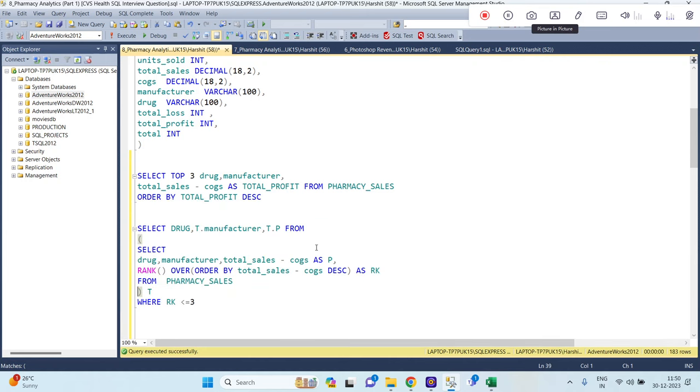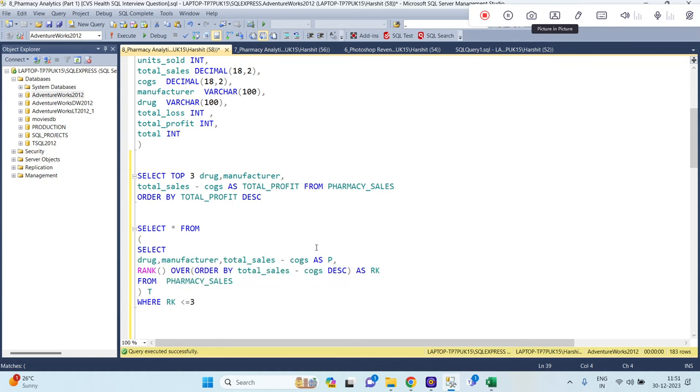So what we can do, this we want to consider as a table. So how can we consider this as a table? We have to write something like select star from, and if we close in from there is always a table, right? So this entire query we have considered as a table.